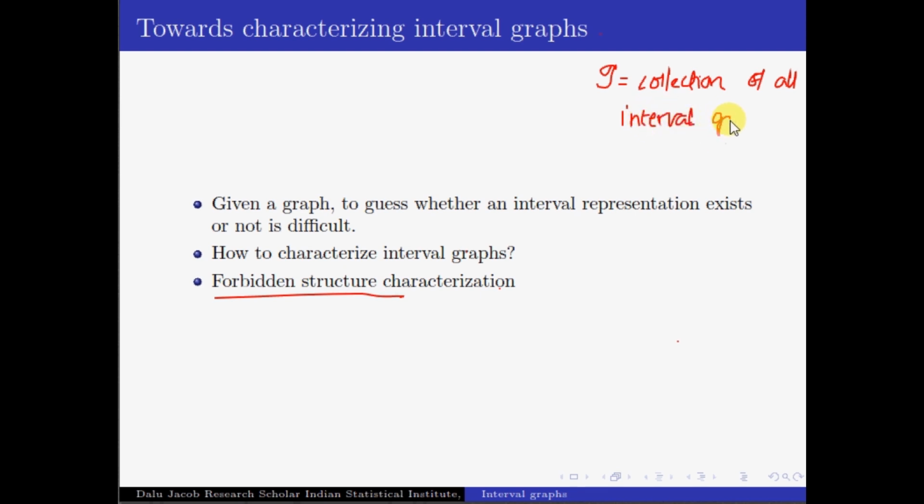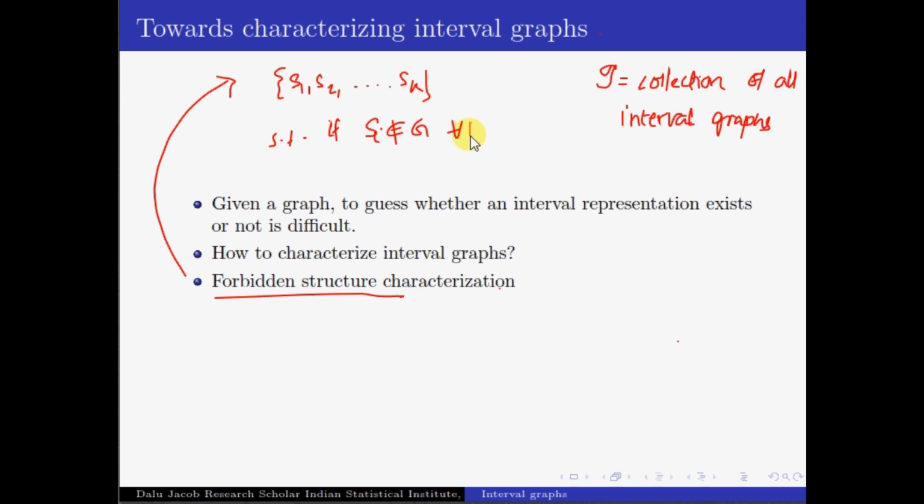Then, by forbidden structure characterization, what you intend is to find a collection of structures like S1, S2, etc., Sk, where k can also be equal to 1, in such a way that if Si does not belong to G for all i, then this should imply that G belongs to the class of interval graphs.